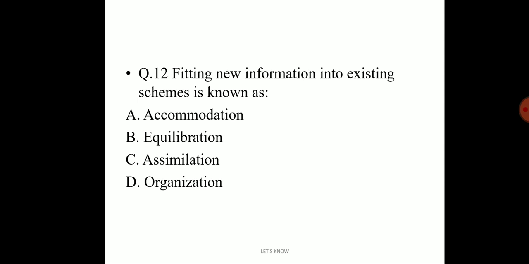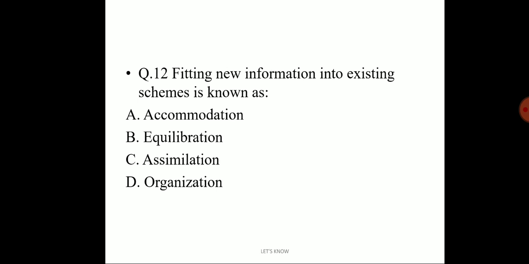Okay, so we have gone through this: whenever we get some information and we gather this into our existing thought, it is the process of assimilation, and accommodation is the process by which we change our thinking. After assimilation, accommodation occurs.